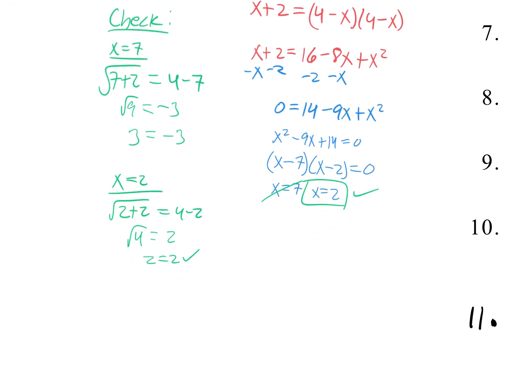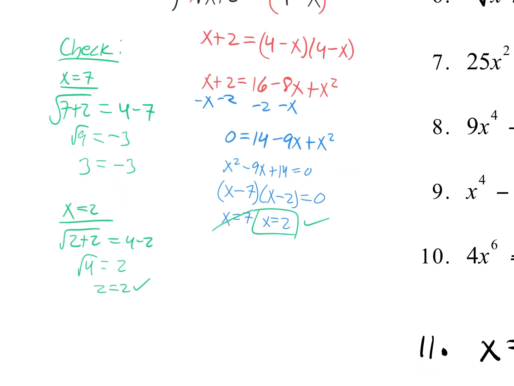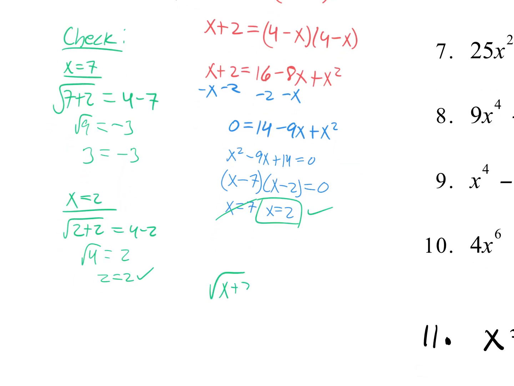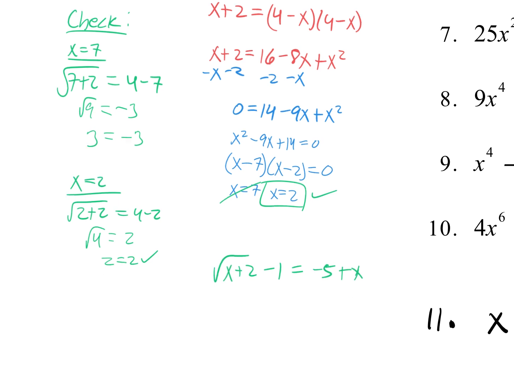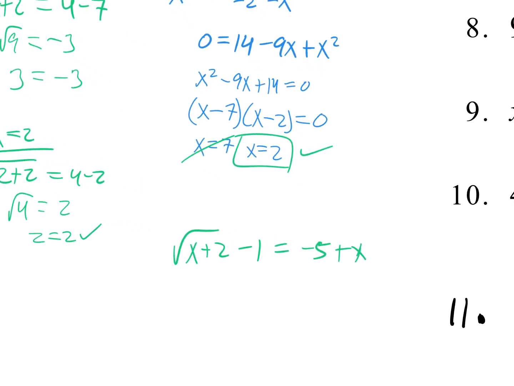All right, so maybe the hardest part is clearing the radical. Because let's say, for instance, you had the square root of x plus 2 minus 1 equals negative 5 plus x. Something like that. What would you have to do first before squaring everything? Okay, so what are we going to want to do first?